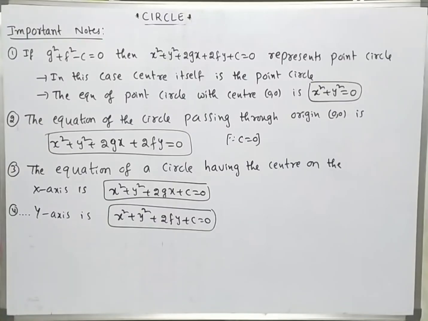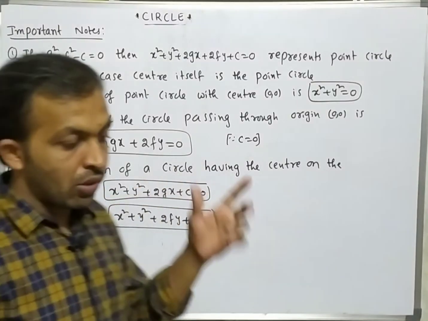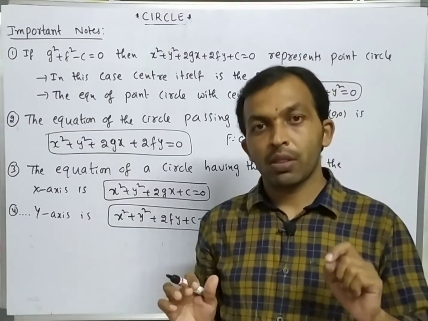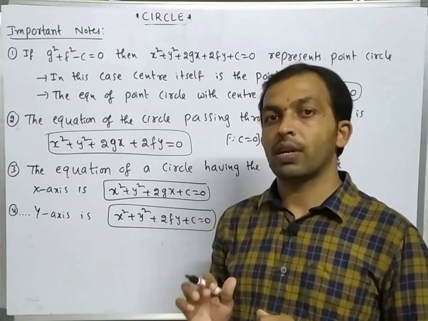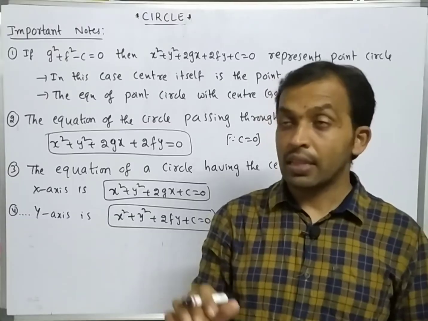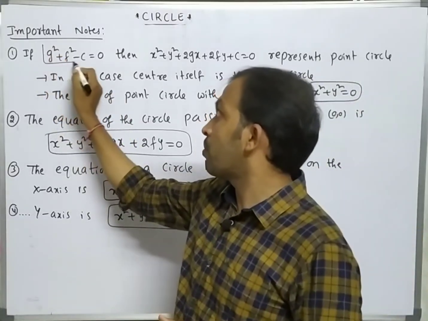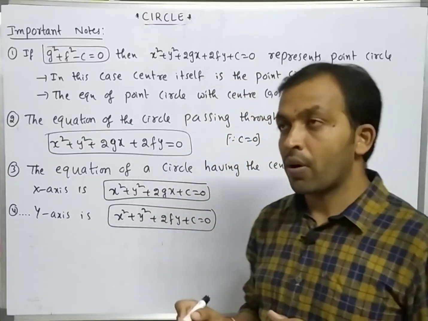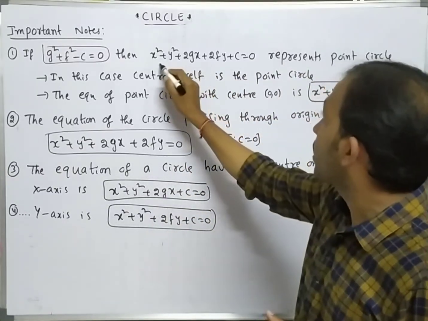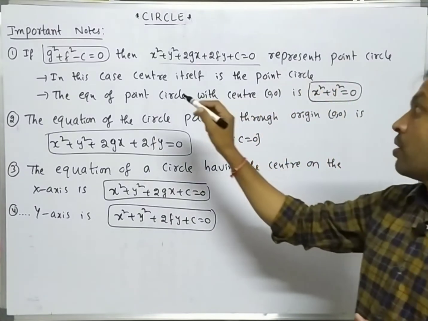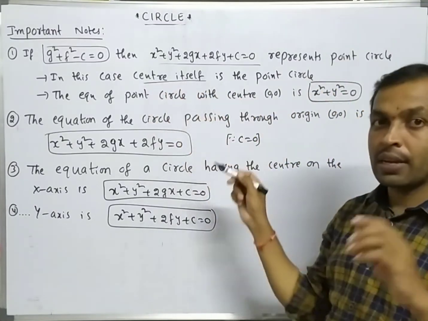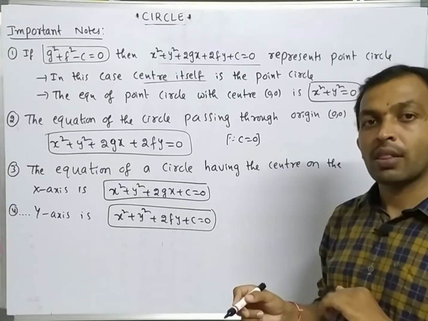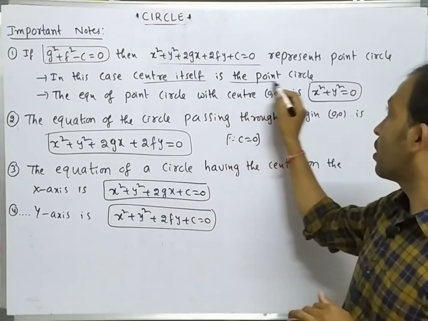Now important notes. In general, what is the general equation? x square plus y square plus 2gx plus 2fy plus c is equal to 0. That is the general equation of the circle. In that, if g square plus f square minus c is equal to 0, it represents a point circle. So in this case, if a center is given as 2 comma 3, then 2 comma 3 is the center and that is the point circle.